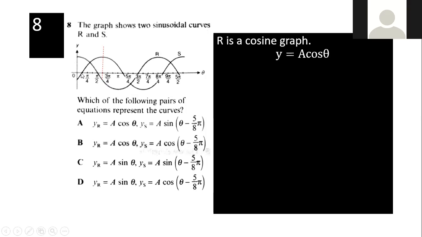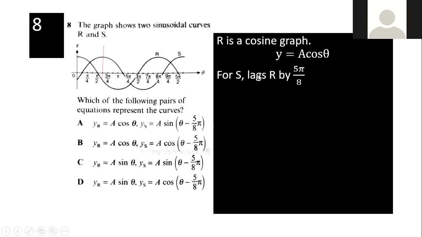This is pi over 8, pi over 8. Okay, so this is pi over 2. Right? Shifting the peak to the right. So this is pi over 2 plus pi over 8, which is 5 pi over 8.